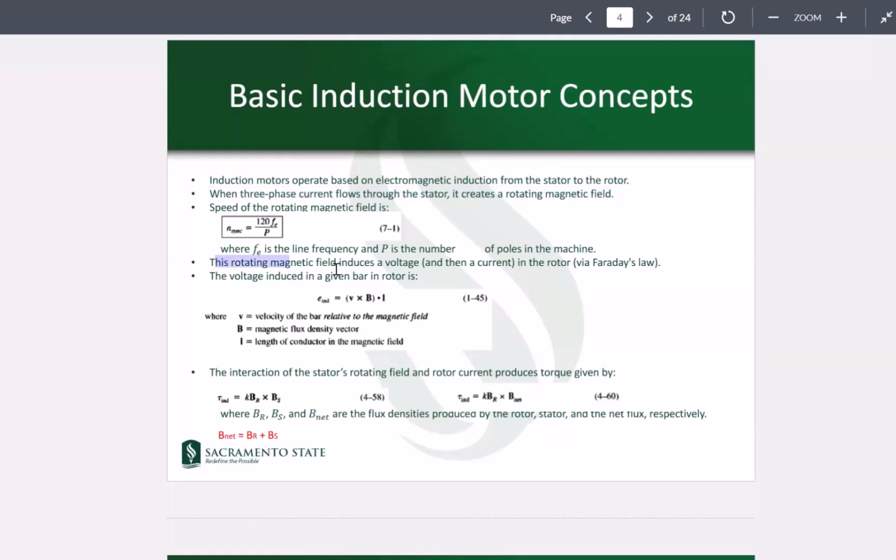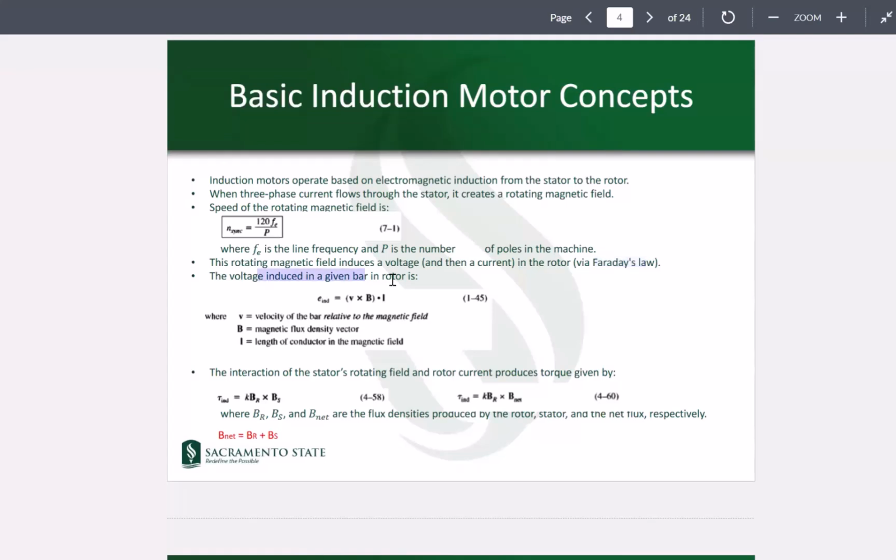And this rotating magnetic field will induce a voltage in the rotor. The induction of the voltage is based on Faraday's law, and this happens on the rotor. Since the rotor is shorted, that voltage will result in a current.